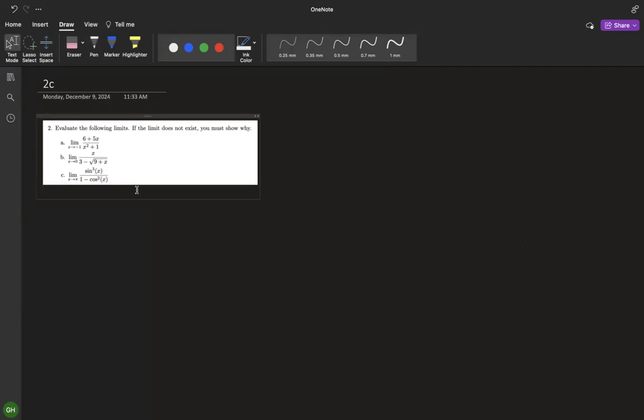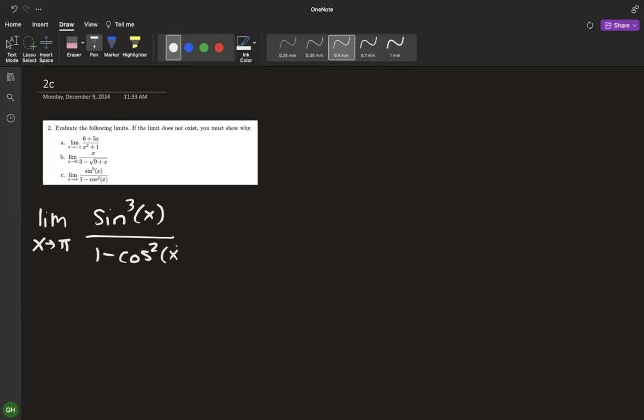All right. This one is a bit tricky. If I try direct substitution, the limit as x goes to pi of sine cubed x over 1 minus cosine squared x, I'm going to get sine cubed of pi over 1 minus cosine squared of pi.